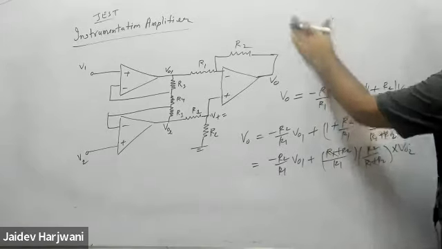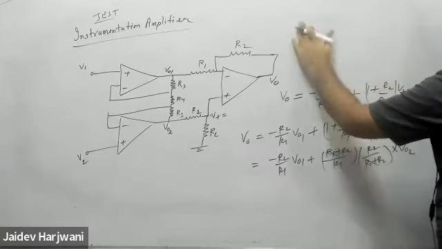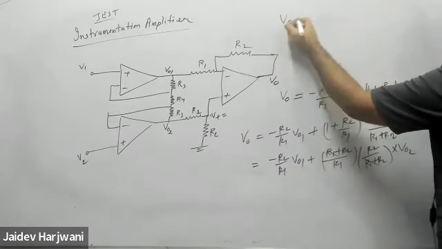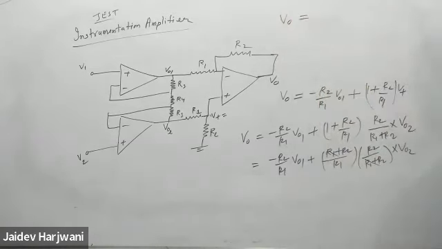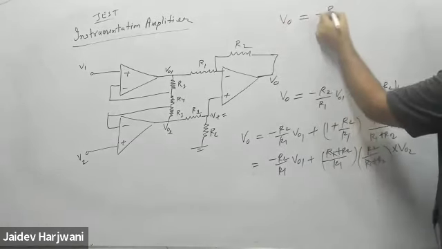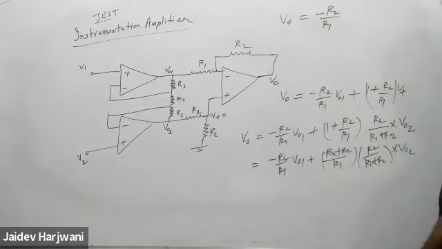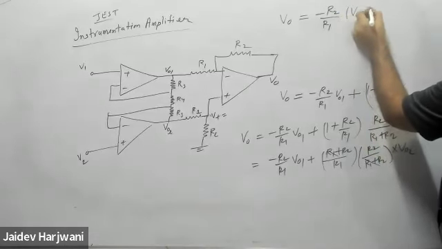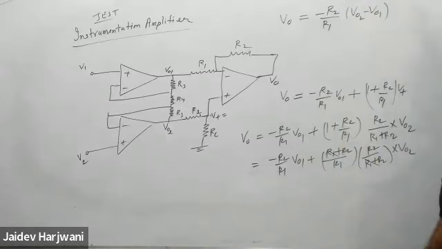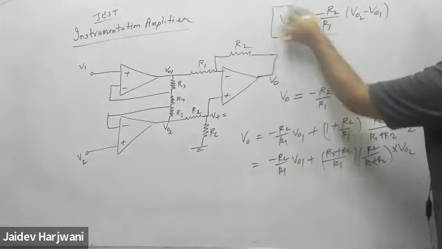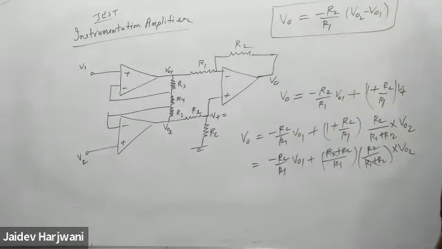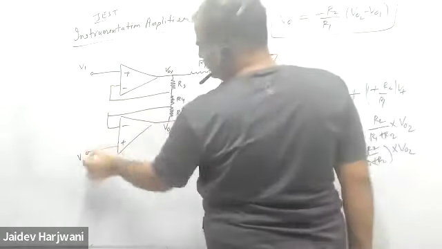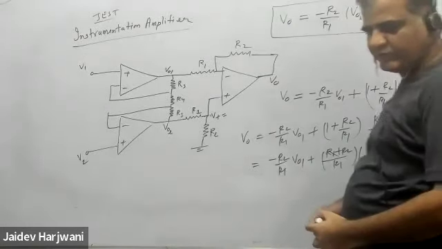So R2 by R1, then V naught 2 minus V naught 1. This is the formula for V naught, but I want it in terms of V1, V2. That we have to calculate now.